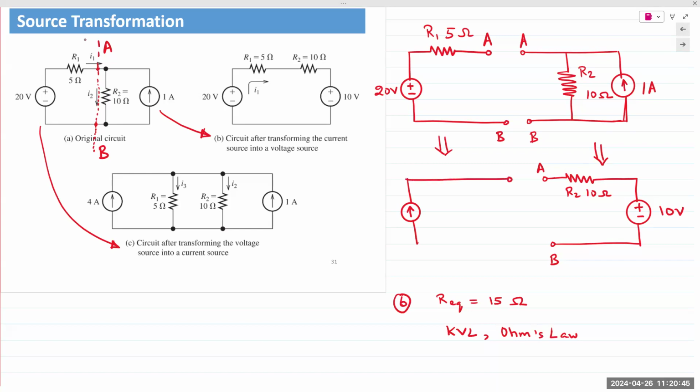And at this time, my current source will have a resistor in parallel. Resistance remains the same, R1, 5 ohms. I is V over R, so 20 divided by 5 gives me 4 amps. And you plug it back into the same circuit, you obtain figure number C.